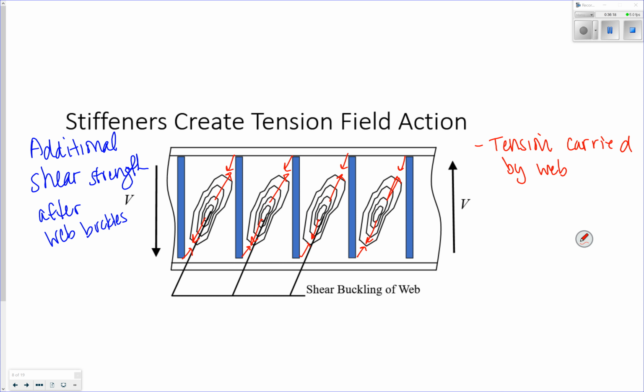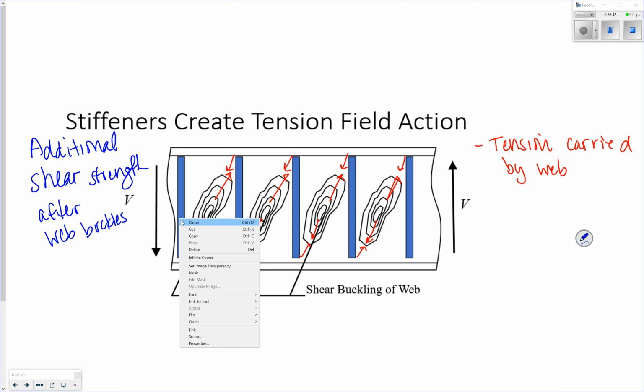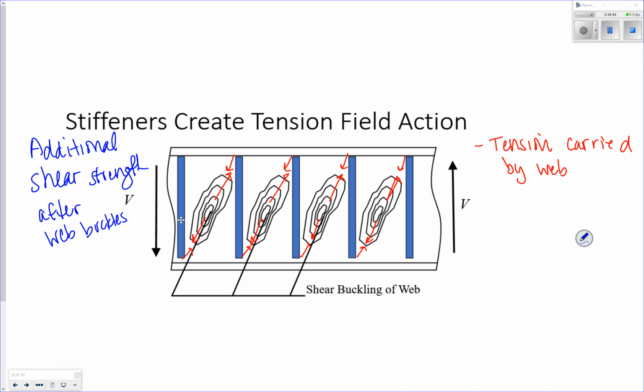And now that my web's not doing anything, it's buckled, so it can't hold any compression force. The things that are holding the compression are the stiffeners. Right?